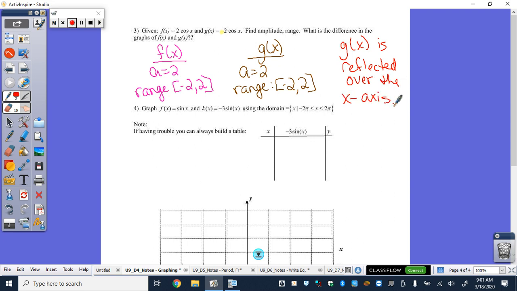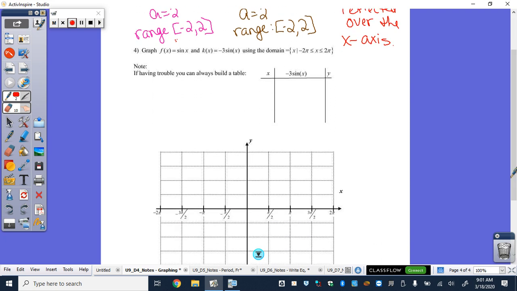Negative out in front, just like any other function, means it's reflected over the x-axis. So this cosine graph here, f of x, this would go high, 0, low, 0, high. Because this one is reflected, this would start low, 0, high, 0, low. So it would just be the opposite of the other one.